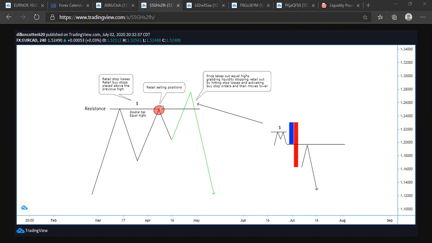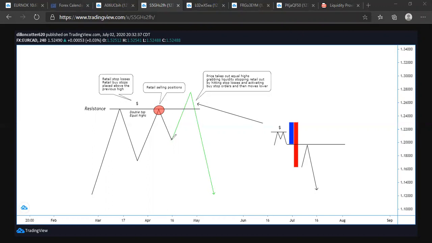So in knowing this, and knowing that retail is selling in this certain position here, wherever it may be, you need to understand that their stop losses, and breakout traders that trade when the market breaks structure, have their buy stops all placed above this, the previous high over here, right?